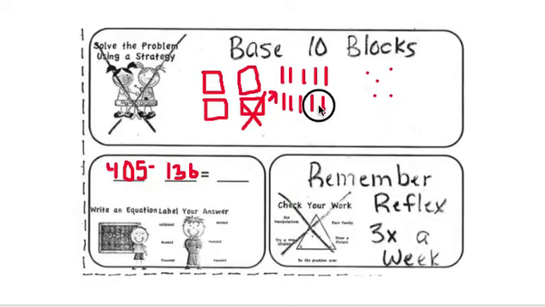And then we're going to cross out one of the tens and make 10 ones. So now we should have 15 ones. That's enough to subtract 6. So let's mark off 6 of them.